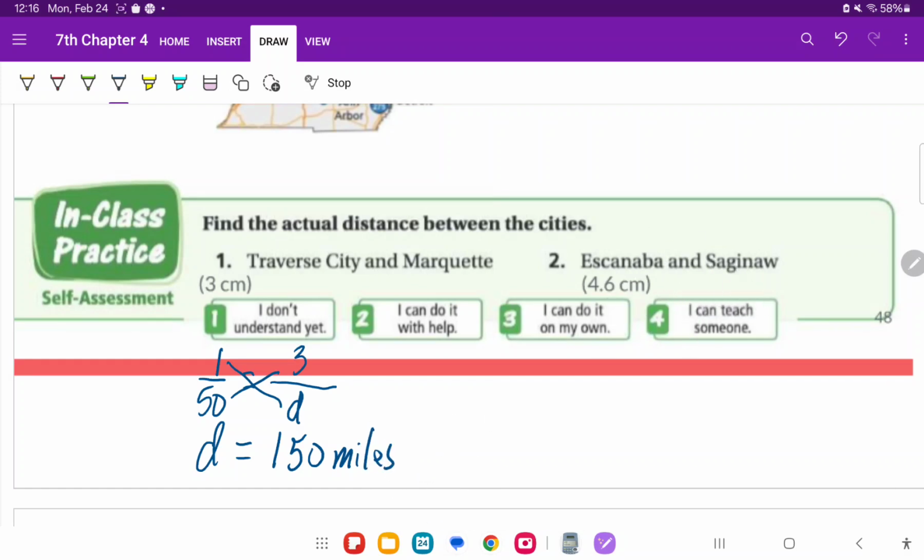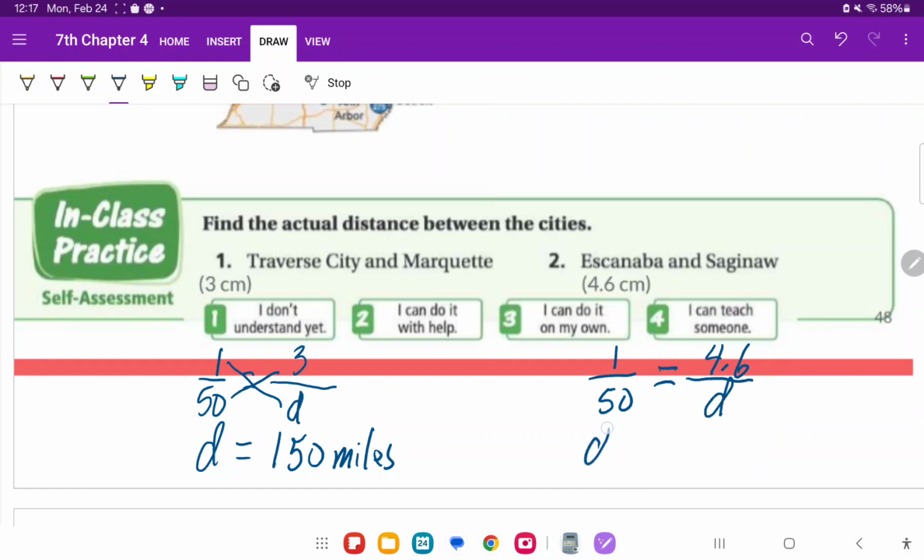Okay, now I want you to try to do number 2 on your own. To set that up, we're going to go 1/50, because that's our scale for the particular map we're using. From Escanaba to Saginaw, it's 4.6 centimeters. So then we cross multiply.